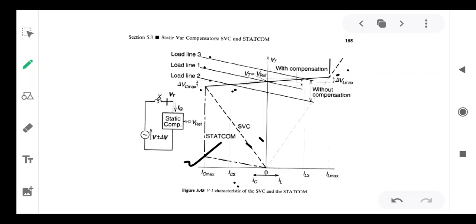Therefore, the compensator demands IC2 from the compensator. Therefore, compensator is used to supply the leading current of IC2 to the system so that the voltage of the system can be controlled within the allowable limits.